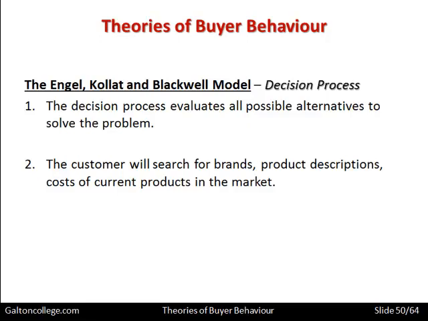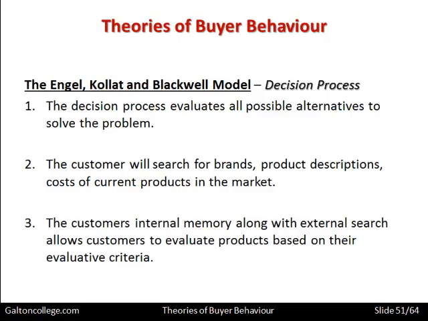And out of this, more information is added to the pool of information upon which the buyer can base the decision. The customer's internal memory, along with external search, allows customers to evaluate products based on their evaluative criteria.